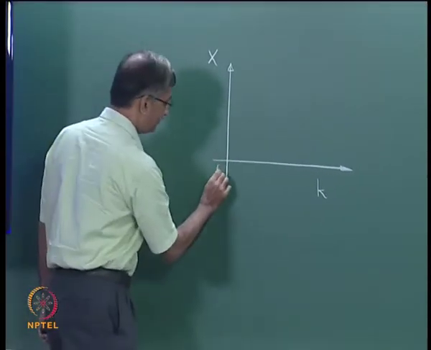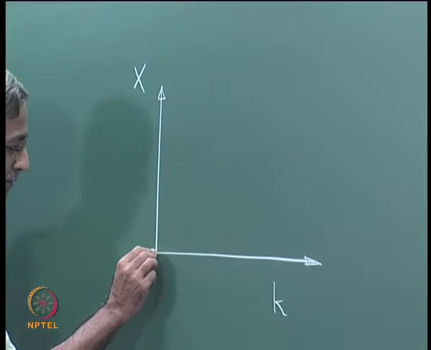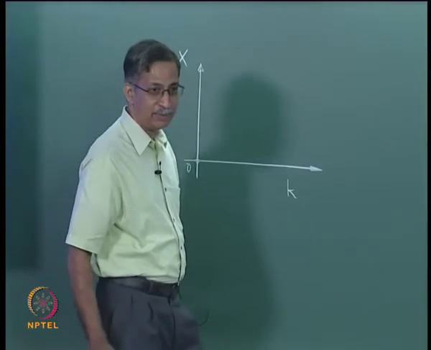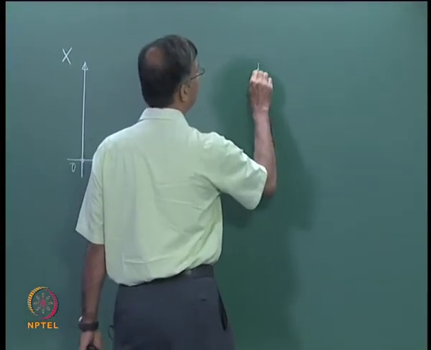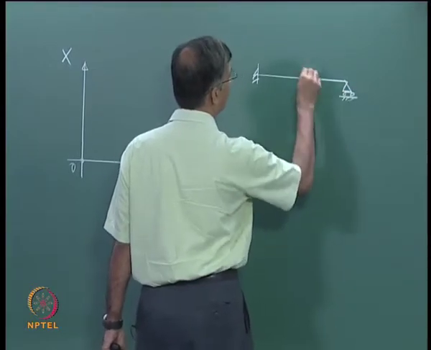K equal to 0, X equal to 0. And K is infinity. Okay, so one point is here, you are right. K is infinity, it is P by 2. Will it be P by 2? Oh, sorry. K is infinity means you are dealing with this situation, right?